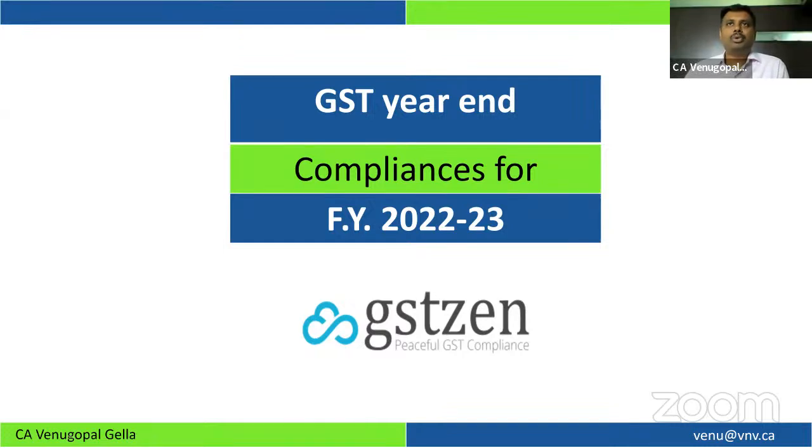Welcome everyone. Welcome to today's session, hosted by GSTZen, on how you can do your year-end compliances from the GST perspective. We are at the end of financial year 22-23. Though technically we only have a couple of days left, we would be filing GSTR 1 of March in April and 3B by 20th or 22nd accordingly.